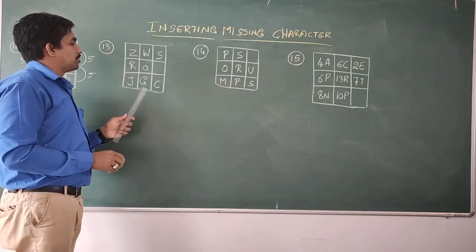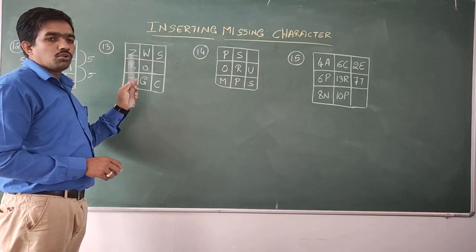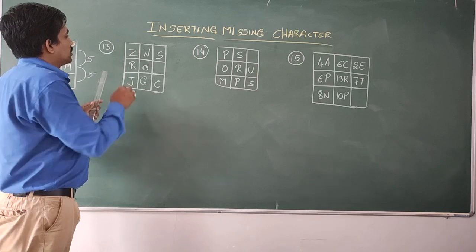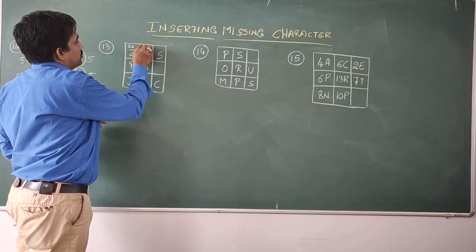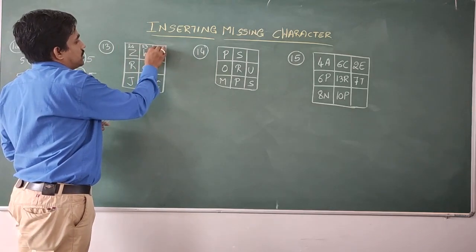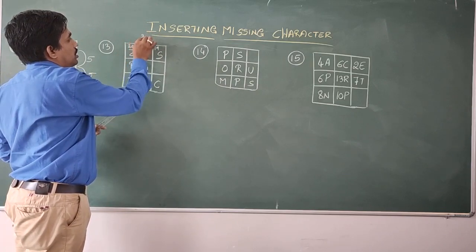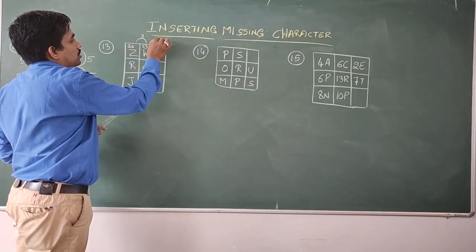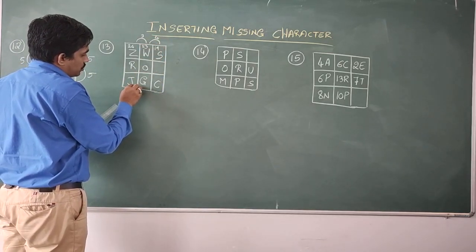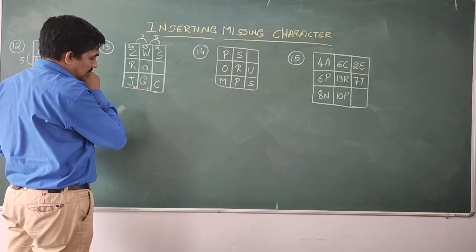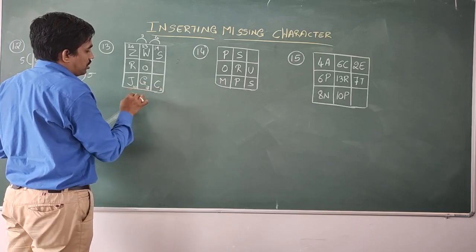And then coming to this question, see here Z, Y, S. We have to go column wise. Z means 26. W means 23. S is 19. See here, difference. These two difference is 3 and these two difference is 4. In the same way, G means 7, C means 3.